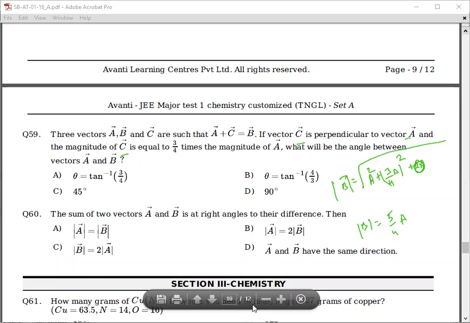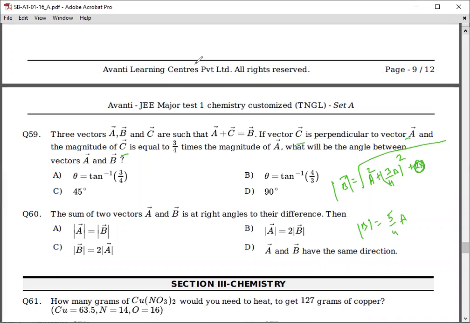Dot product use कर सकते हैं? Tell me, can we use dot product? हाँ या ना? Forget about dot product, right? Common sense use कर सकते हैं? Tell me, can we use common sense? Right? Yes, sir. Common sense use करेंगे sir.